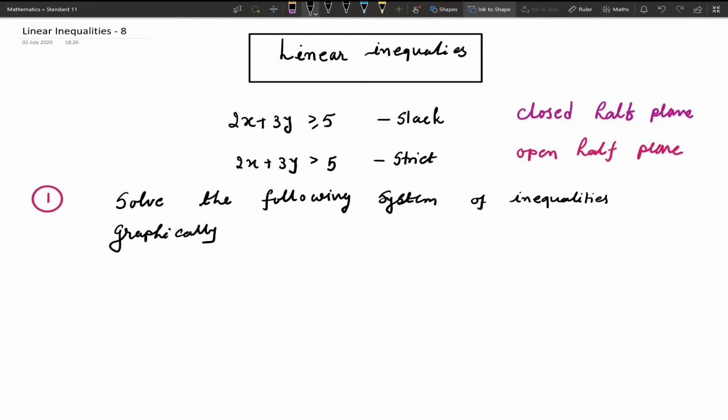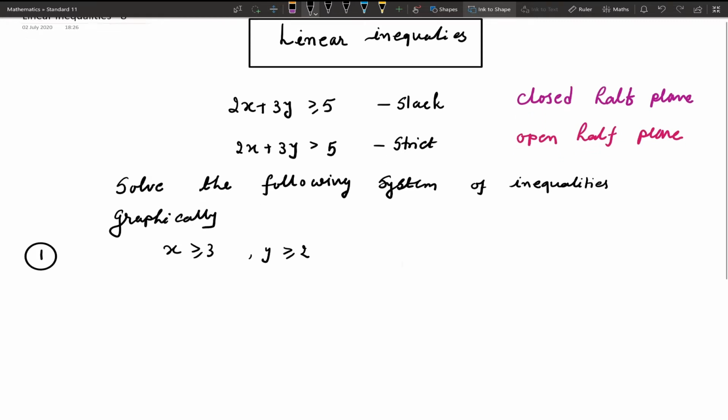First one, x greater than or equal to 3, and y greater than or equal to 2. Now, how do we find the solution graphically? Solution.